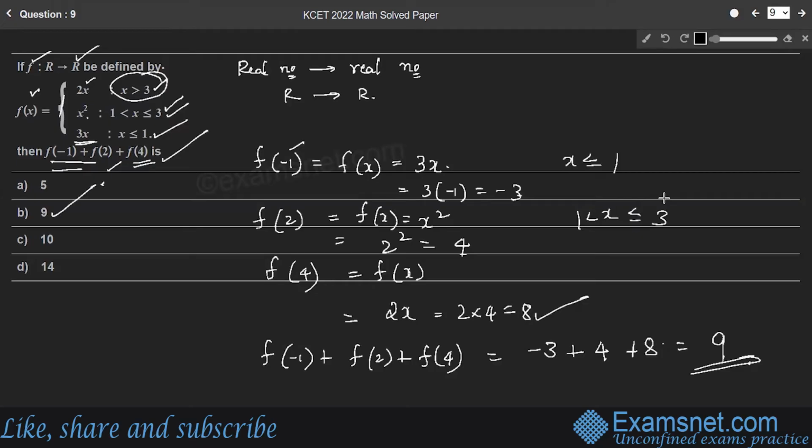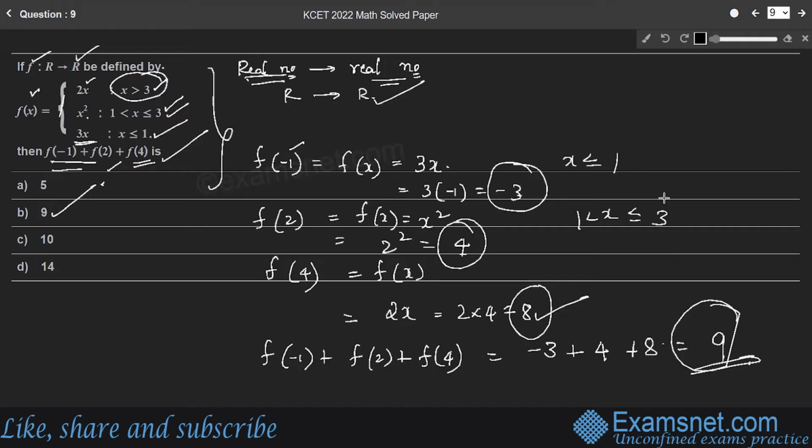Option B is the right answer. So here, all the values -3, 4, 8, 9 are real numbers. Therefore, the function is from real number to real number. The function of a real number is also a real number, right? So for the given question, option B is the right answer.